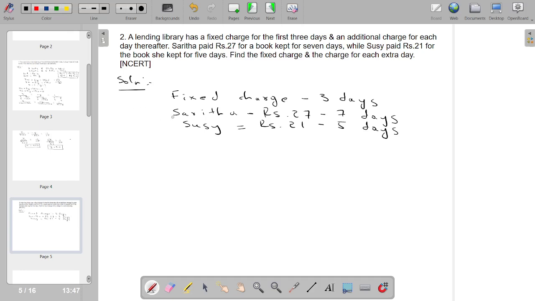So let's say, because we don't know the fixed charge, we can say fixed charge is equal to F rupees.